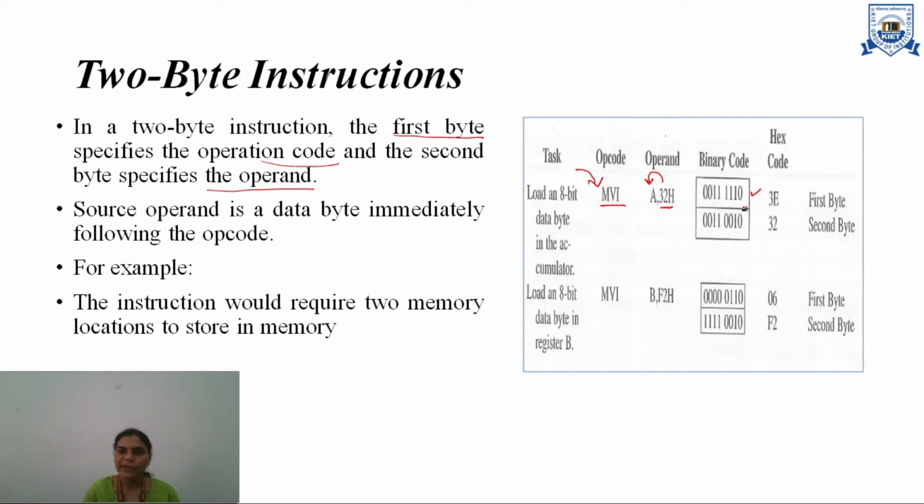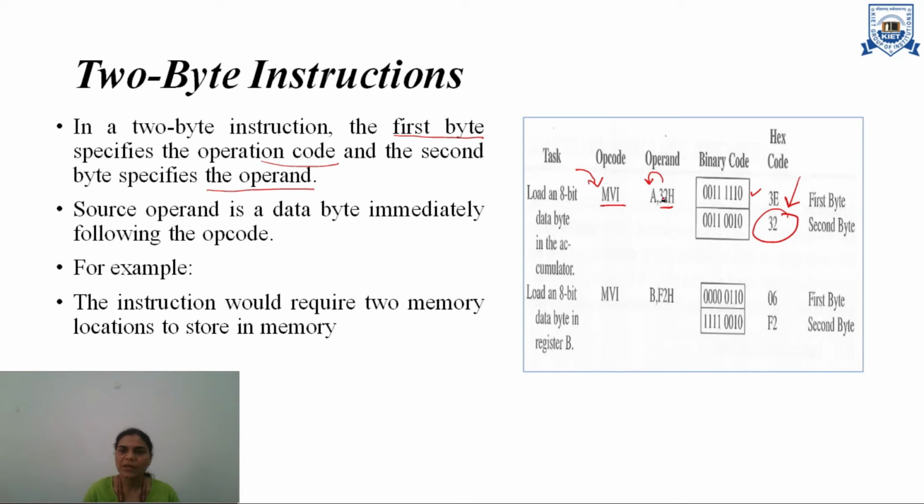So the first byte is representing the opcode, and the second byte is representing the operand. In this case, the value is, for example, 32. Here you can specify any value.